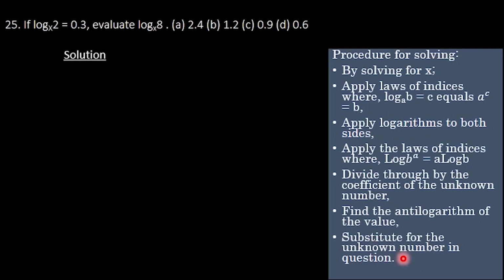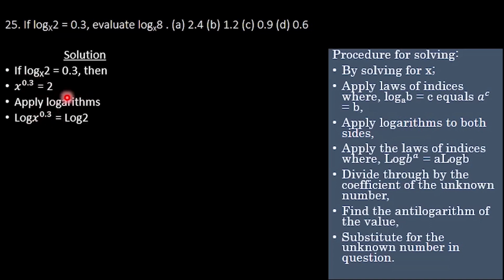Now the solution: if log 2 base x is equals to 0.3, then let's apply this law. When we apply this law of indices, we are going to have x raised to power 0.3 equals to 2. Let's apply logarithms to both sides. Therefore we are going to have log x raised to power 0.3 equals to log 2.